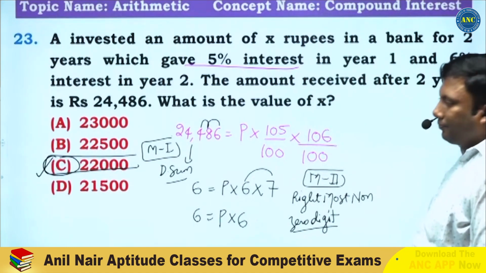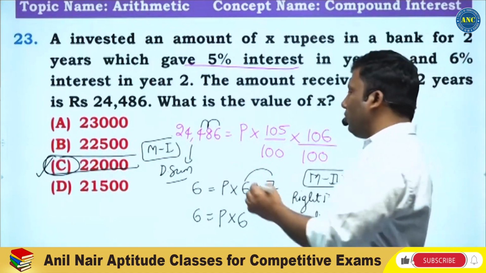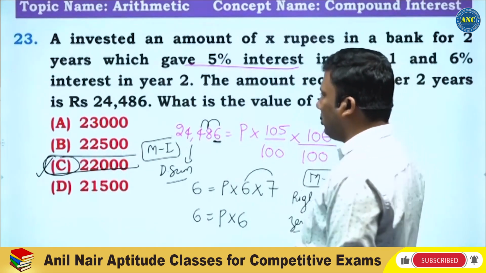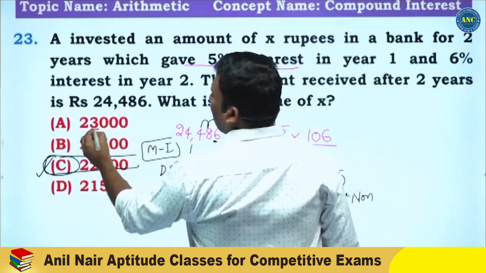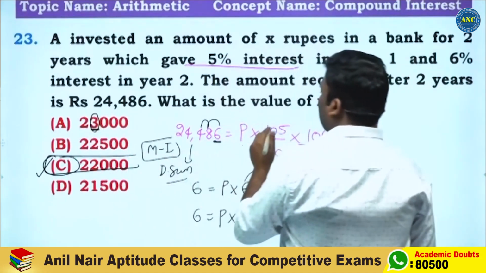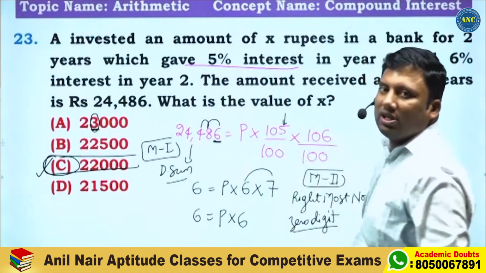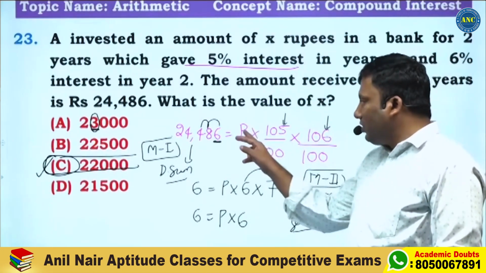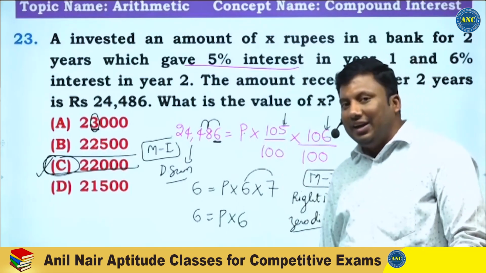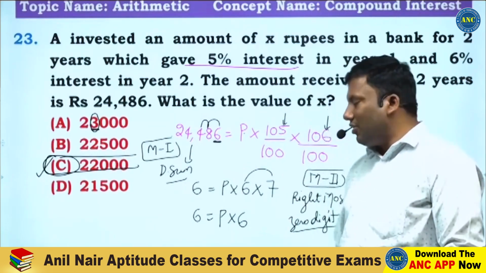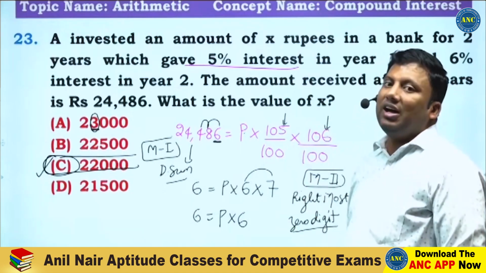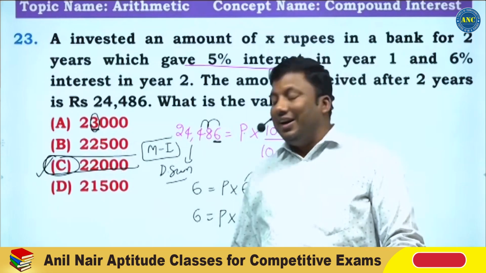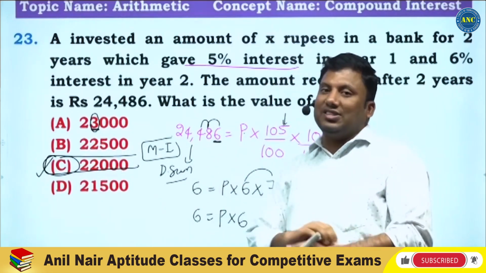Now see here. What is the rightmost non-zero digit here? 6. Suppose if I take 3, rightmost non-zero digit it is 5. 3 5s are 15. 15 rightmost non-zero is 5. 5 6s are 30. But its rightmost non-zero digit is coming 3, but I want 6.